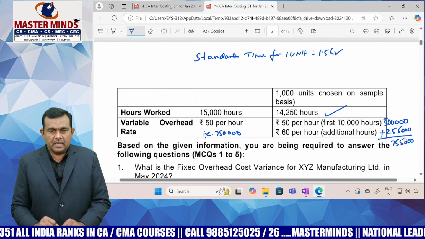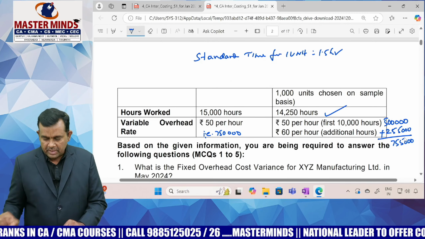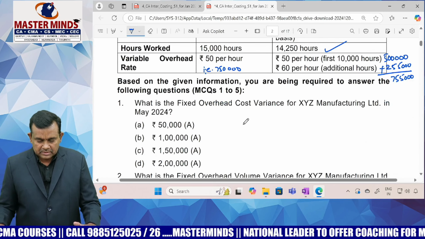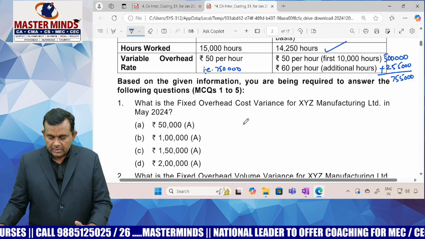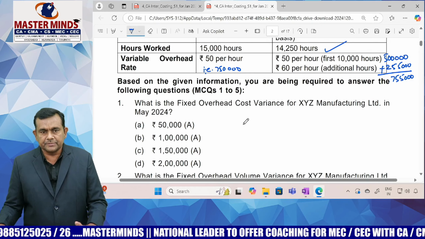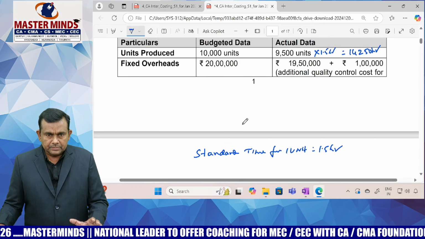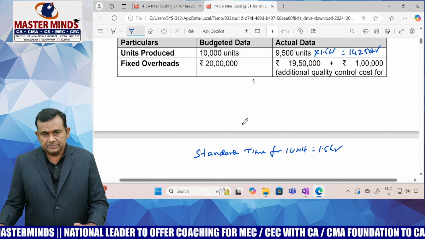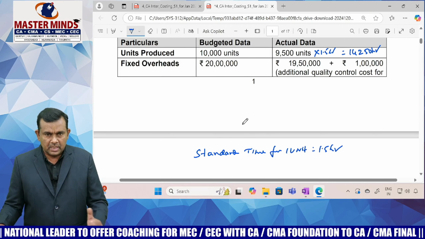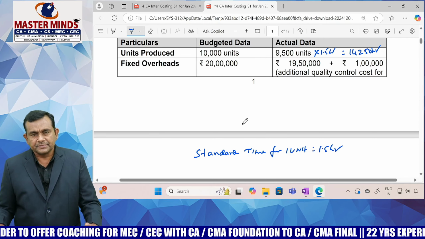Now you can easily calculate the given MCQs. Let us start one by one. What is the fixed overhead cost variance for XYZ manufacturing company in May 2024? Fixed overhead variances can be done either on output basis or hours basis. Output basis is dead easy, sir.